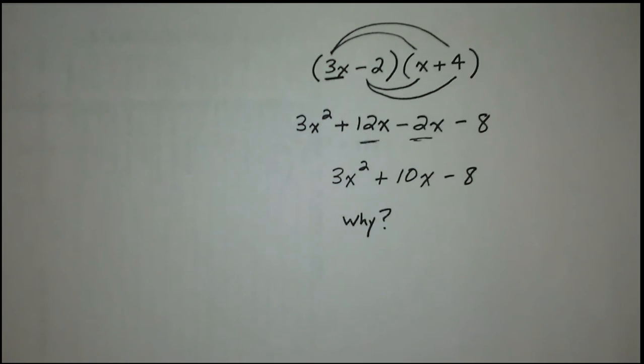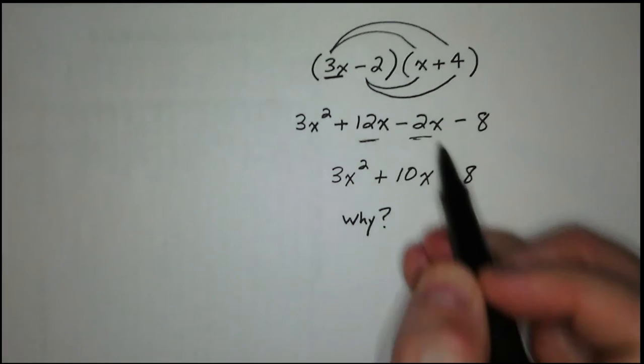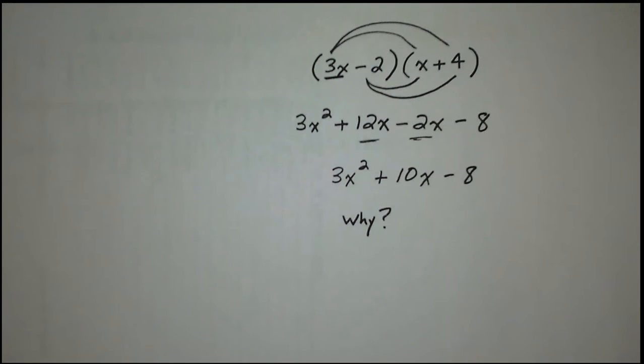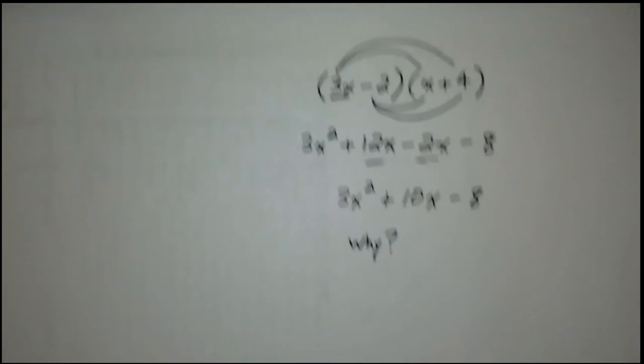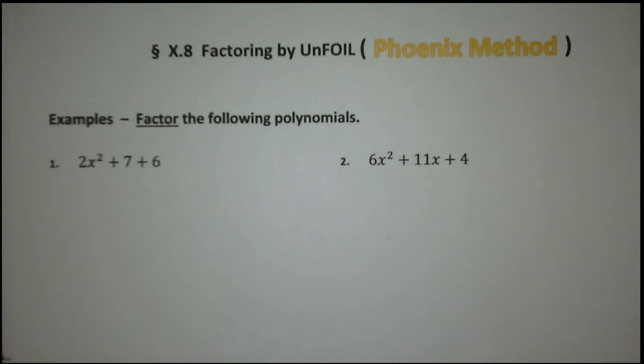And so it threw a major wrench into the gears. Now we end up with this 10x, which is not just negative 2 plus 4. So the bottom line, as far as having an impact on factoring, is that we have to be aware of this. That's the whole reason for this final section we're finishing with here.